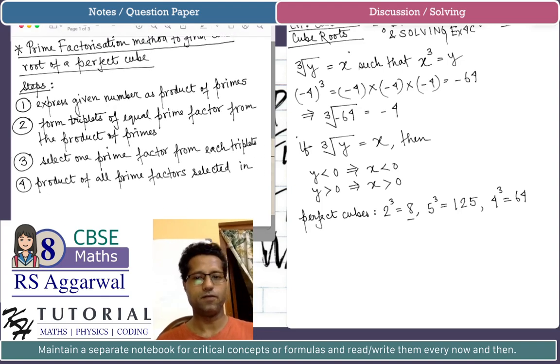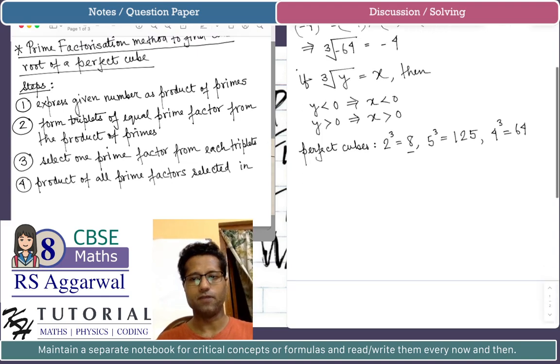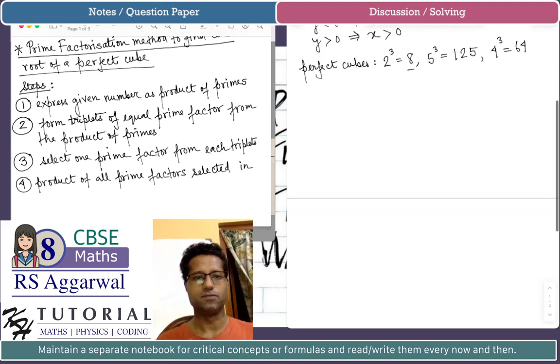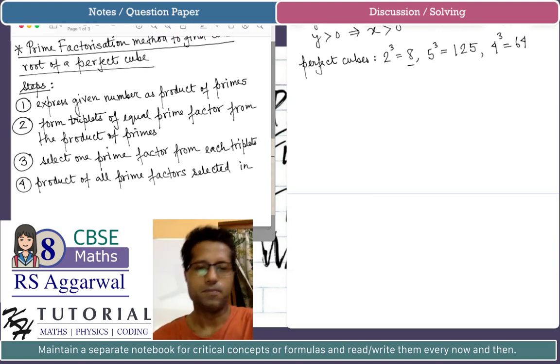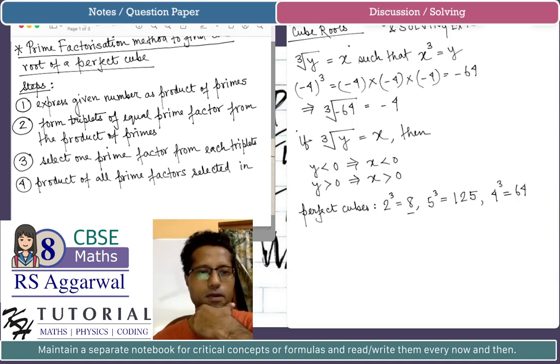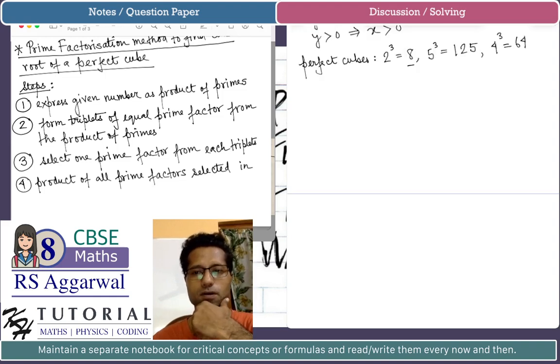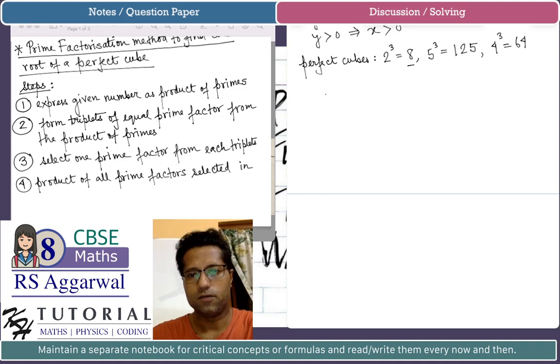The first step is to express the given number as a product of primes. That is, you find the prime factorization of the given number. Step 2 says form triplets of equal prime factors from the product of primes. Each triplet will have three equal prime factors.